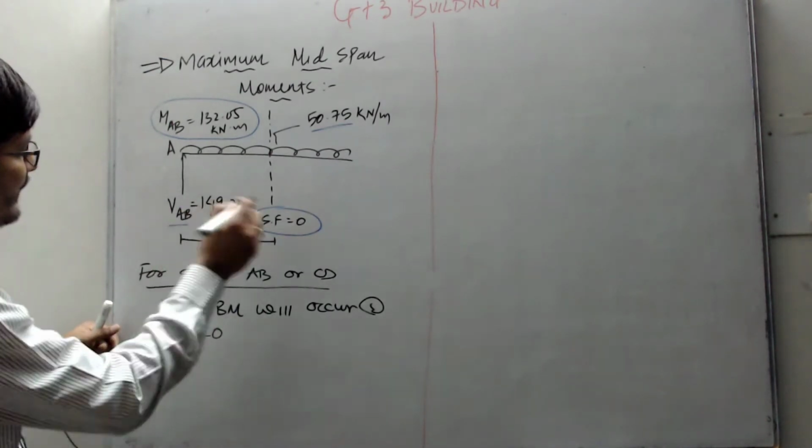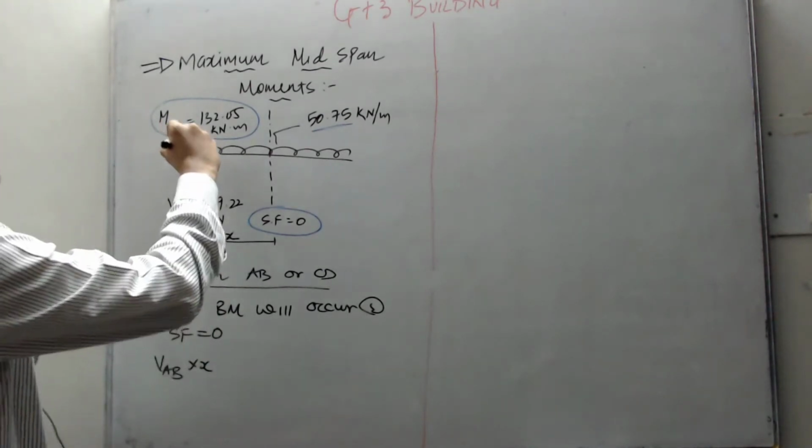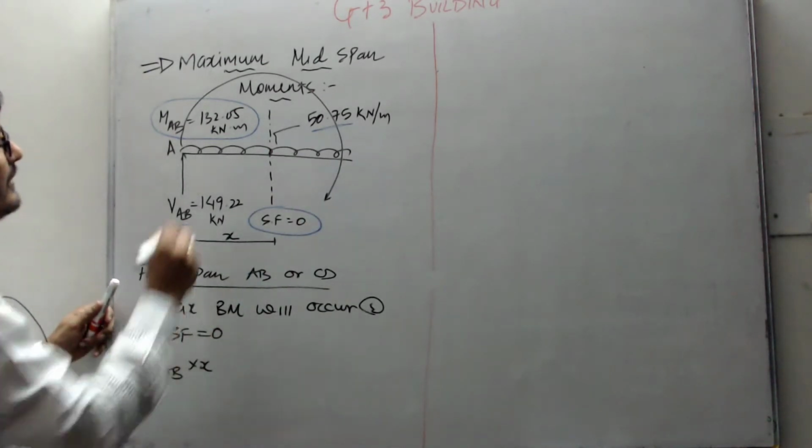This will be going clockwise like this, so we consider this positive. Then we have this UDL portion, that is 50.75.